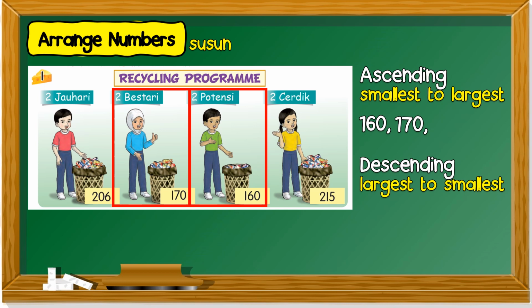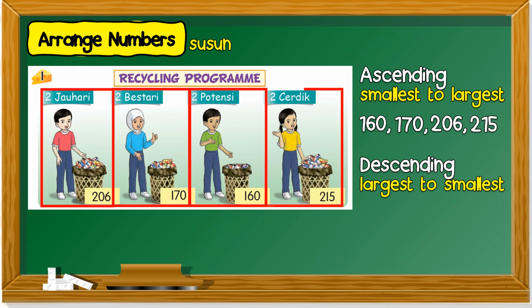Third one is 2 Jauhari, which has 206. The largest number here is 215 by 2 Cerdik. So, if we arrange the numbers in ascending order, it's 160, 170, 206, and 215.